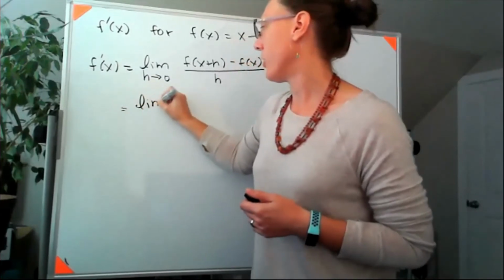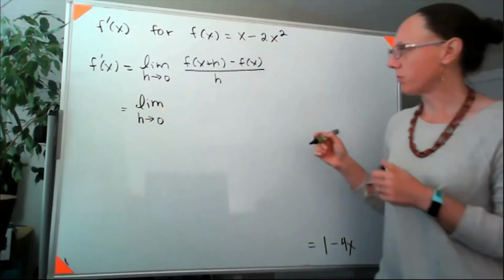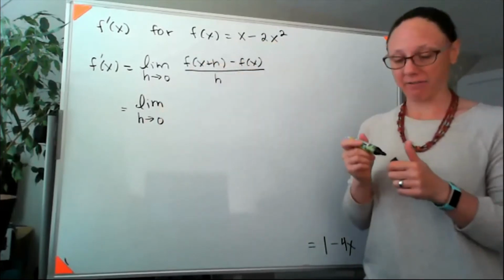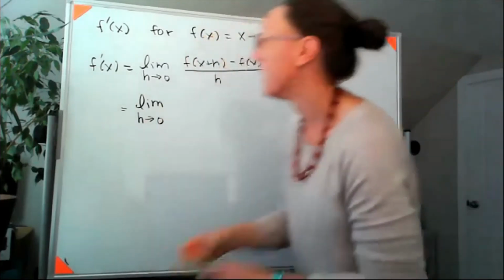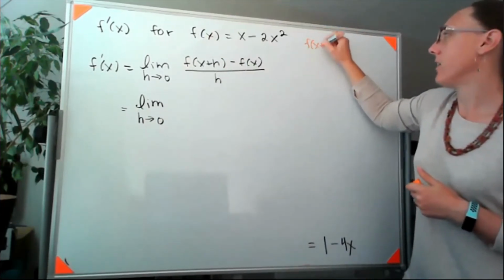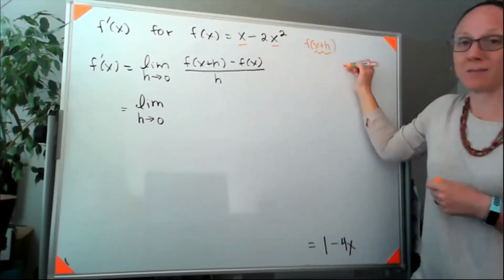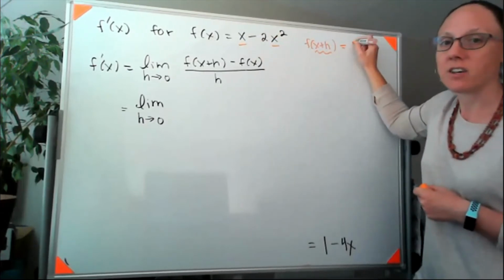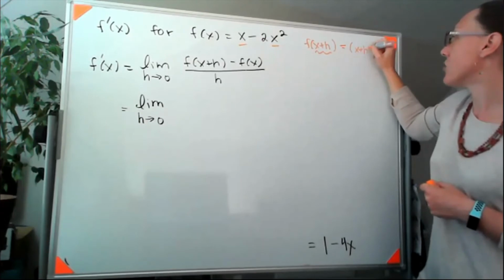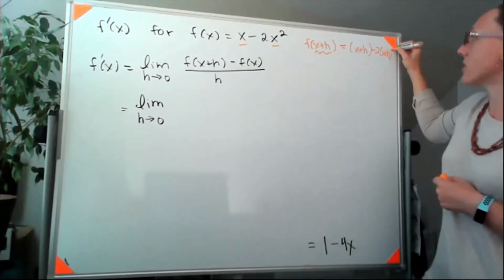So looking at the limit as h approaches 0, I need to figure out that f of x plus h piece. Looking at our function, I know that if I replace all of these x's with x plus h, this is going to be x plus h minus 2 times x plus h squared.